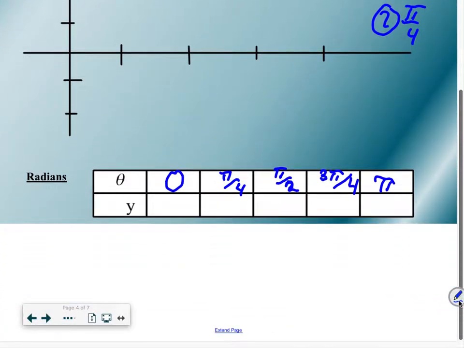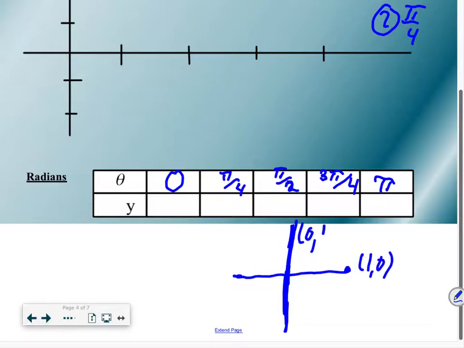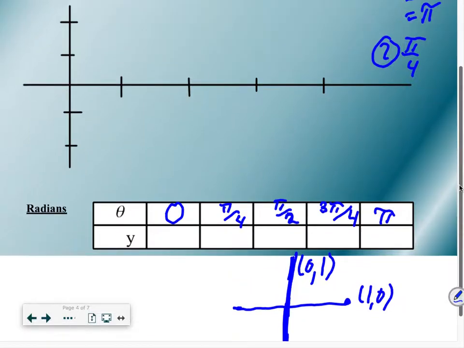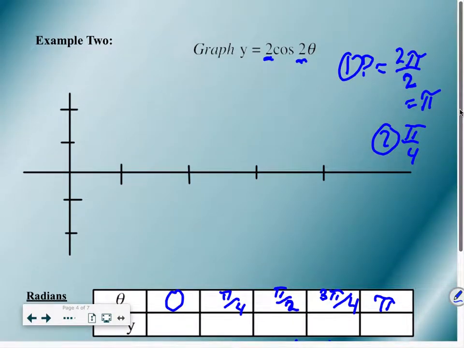So let's do some of these. If I look at 0, the cosine of 0 is what? 1. Okay, I already messed up, my bad. First thing we have to do is take our theta times 2. In this case, 0 times 2 is still 0.